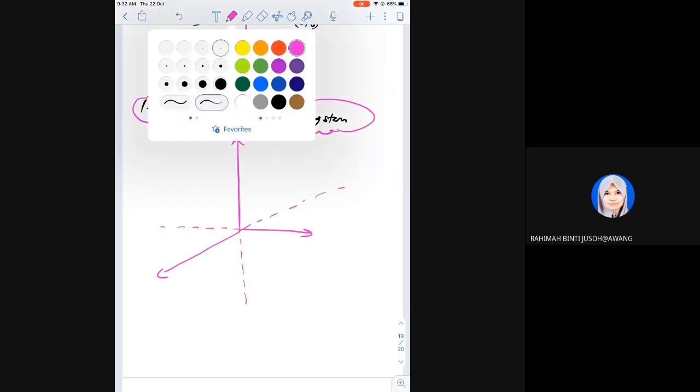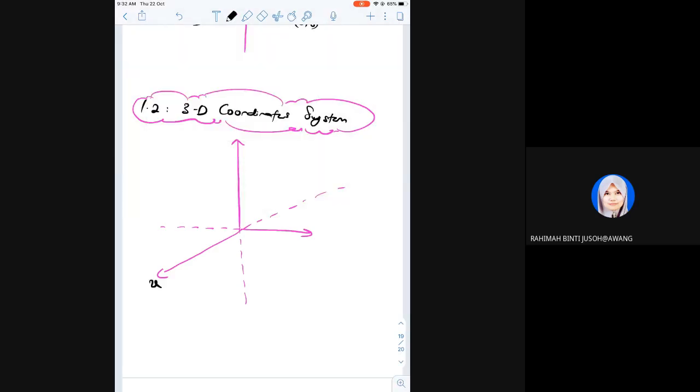Alright, now we have x axis. Okay, ingat follow me. X axis adalah positif sebahagian depan, at the front. At the back it should be negative x. Okay, and then y should be positive on the right, and on the left is negative y.